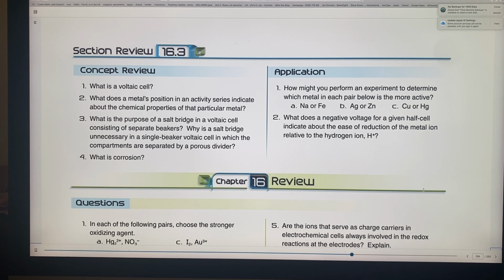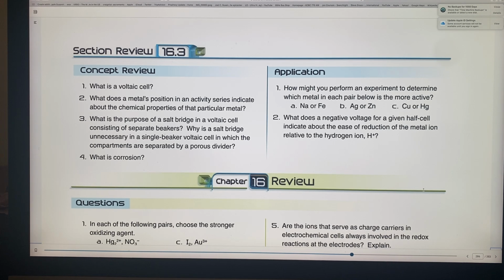And so they indicate a lot of properties about the metal, because zinc, being more negative, more active, would have a stronger negative charge and be used in an electrolyte solution easier than one that is less active. So it depends on what metal.